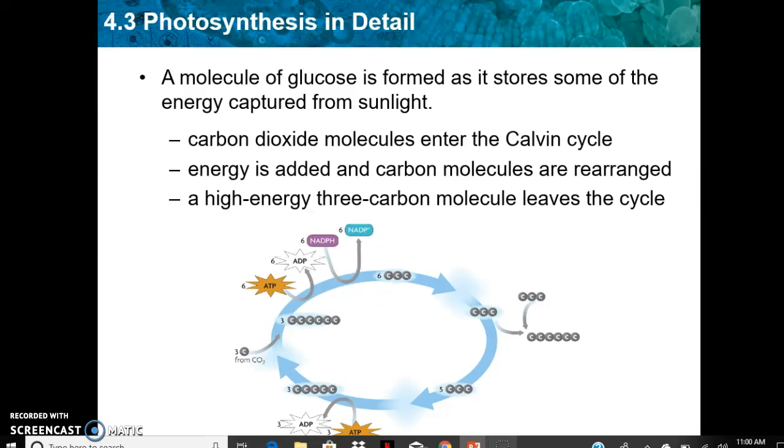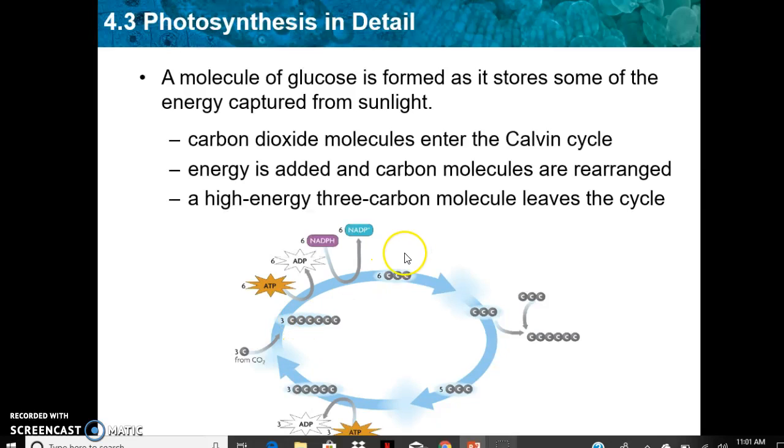That's going to be added to a 5-carbon molecule to make it a total of a 6-carbon molecule, right? So CO2 molecules are going to be added to the 5-carbon molecules that are already in the Calvin cycle, and that's going to cause a 6-carbon molecule to be formed. And that's what's happening over here in this 9 o'clock position, if you looked at this like a clock.